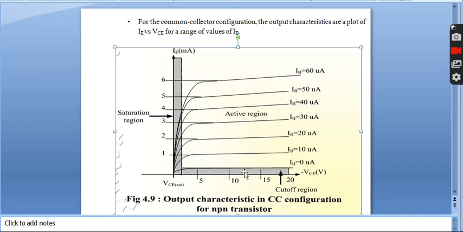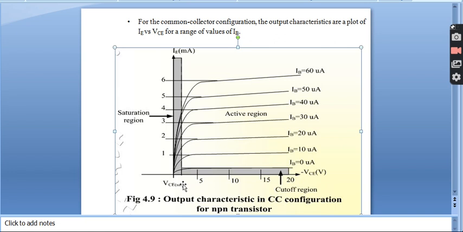In cutoff region, both the input junction and output junction will be reverse biased. Here we have notated the cutoff region when IB equal to 0; below the IB equal to 0 region will be called the cutoff region.